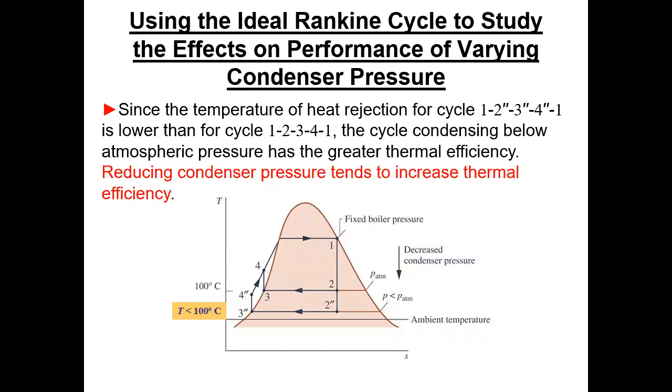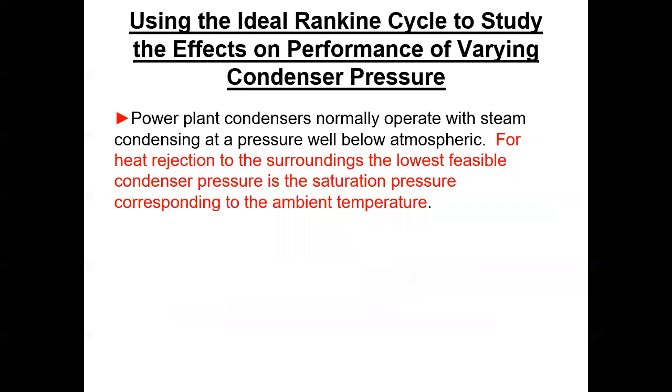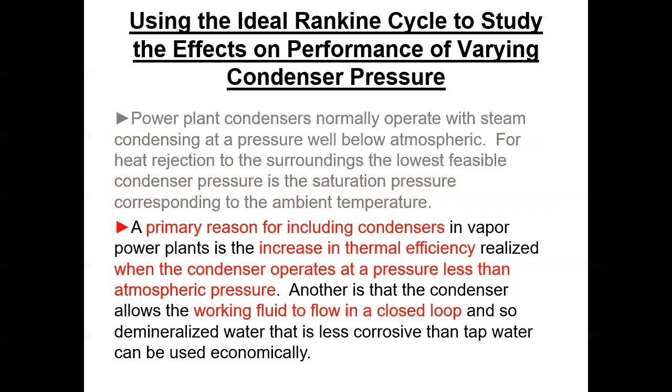And so that tends to increase efficiency, just talking through the cycles there. Okay, for heat rejection to the surroundings, the lowest possible condenser pressure is the saturation pressure corresponding to the ambient temperature. That's what sets your condensing pressure. We said that.